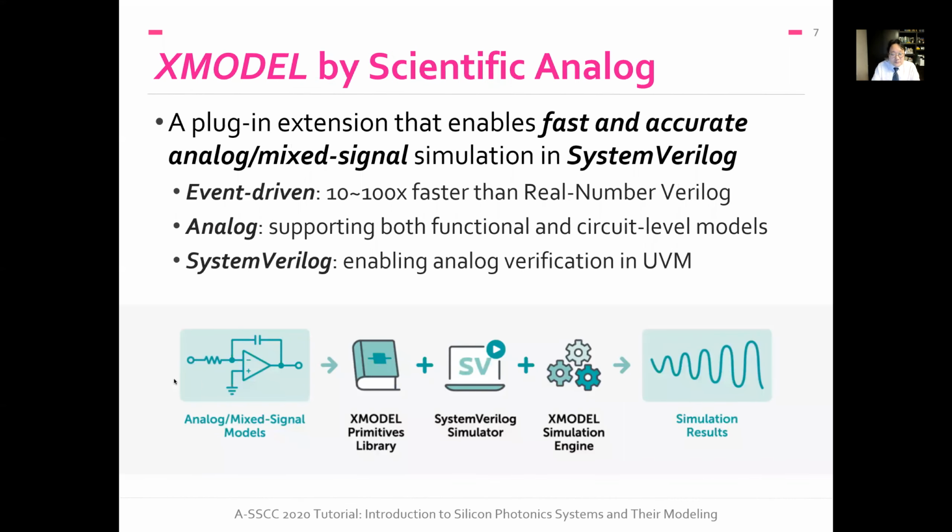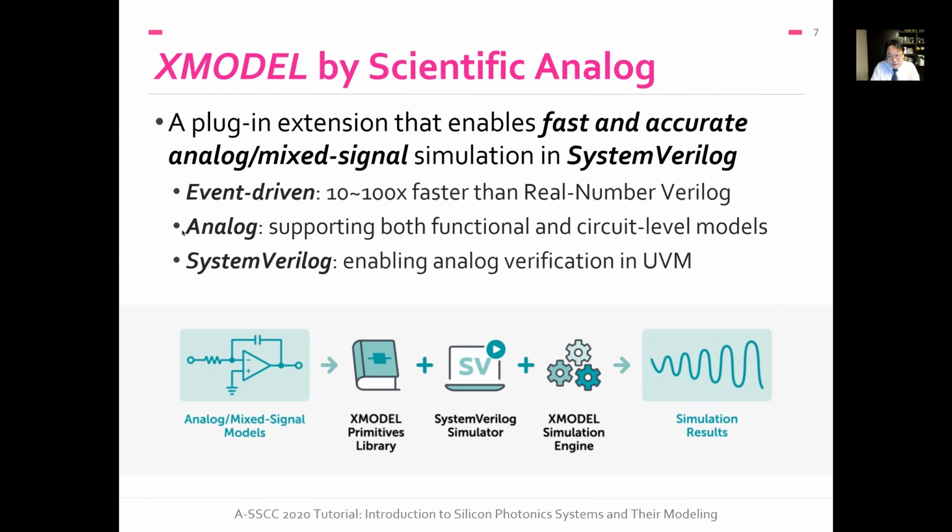So let me give you a brief introduction to what XMODEL is. It's a tool developed by Scientific Analog, and it's basically a plugin extension that enables analog mixed signal simulation in SystemVerilog. It has a very unique event-driven algorithm that delivers very fast speed compared to real number Verilog.